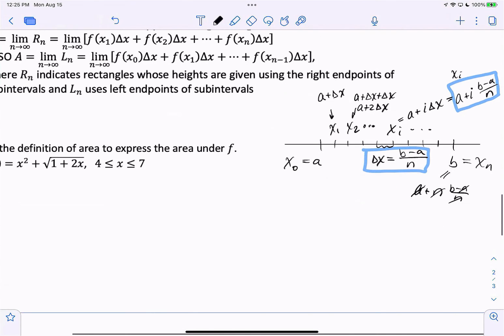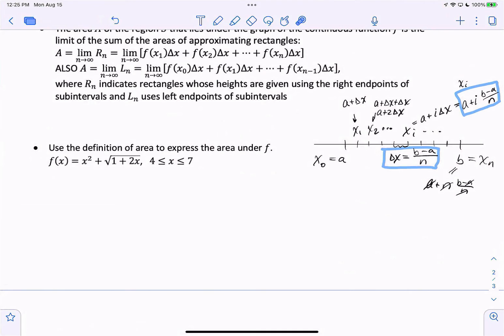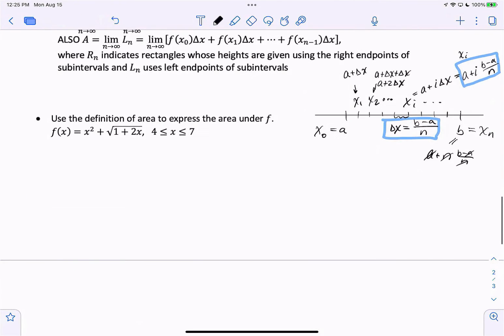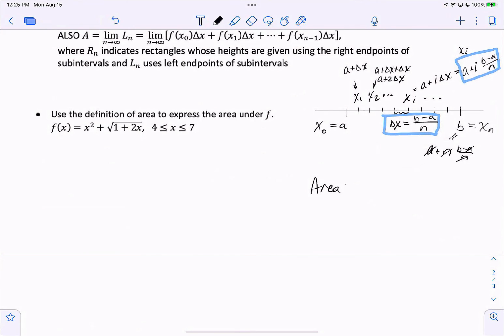Okay. Now, I think I'm ready to express this sum using sigma notation. So we're going to say area is equal to the limit as n approaches infinity, right? So I am incorporating the limit there, of the sum as i goes from 1 to n, of f of x sub i, right?